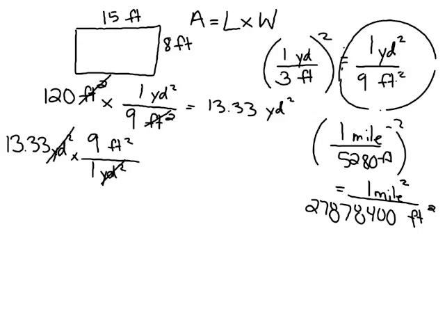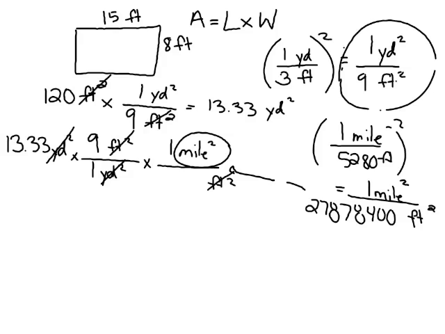Yards cancel. 120. And then miles on top or bottom? Wait, miles on top. 1 square mile on top, and that lovely number on bottom, feet squared. So my feet squared cancel out. I'll be left with square miles.